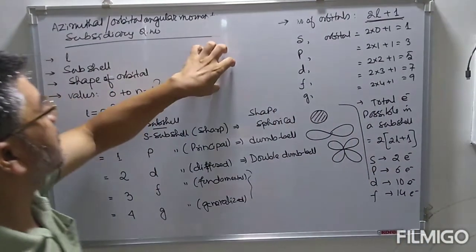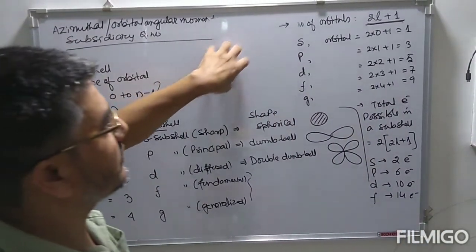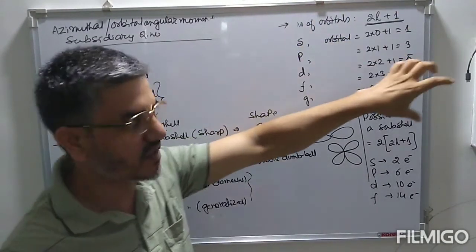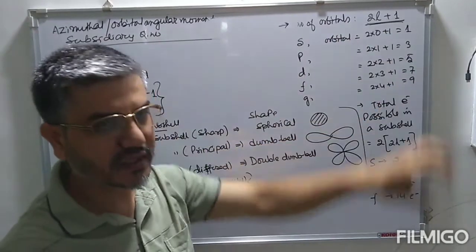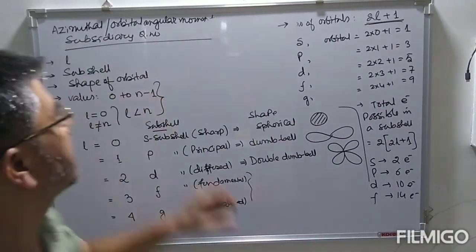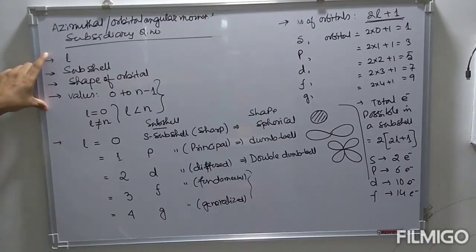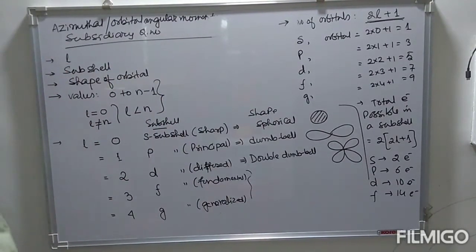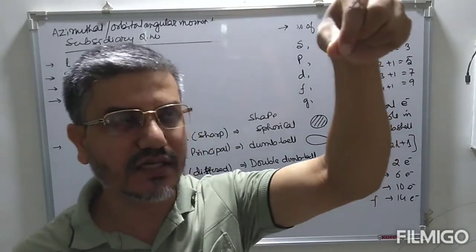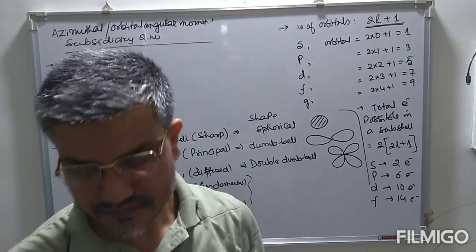So this angular momentum quantum number gives number of orbitals. And once we define the total number of orbitals possible in this subshell, we can also define how many electrons are possible in that particular subshell. That is azimuthal quantum number, which defines the subshell in any given shell. So we have shell, inside this we have subshell.